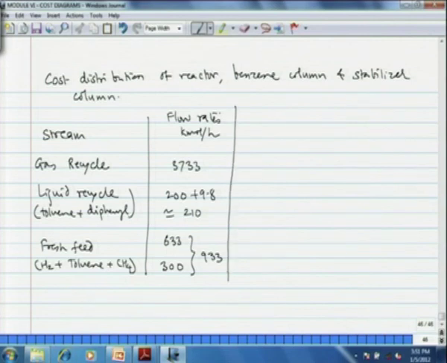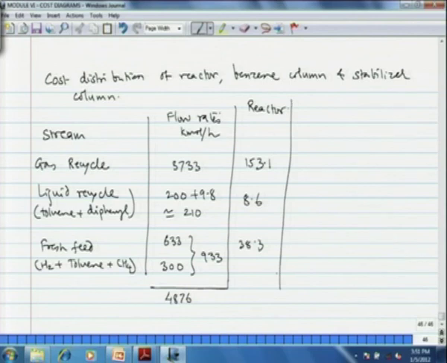And then we distribute the cost of reactor, stabilizer and benzene column as per this. Reactor, the total cost was $200,000 distributed in proportion. The total molar flow rate, by the way, is 4876.3. You can approximately take 4876, okay, and then distribute the cost: 153, 8.6, 38.3, okay, or 153.1 to be exact.